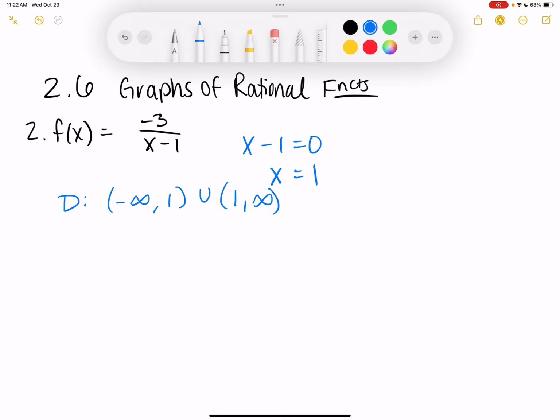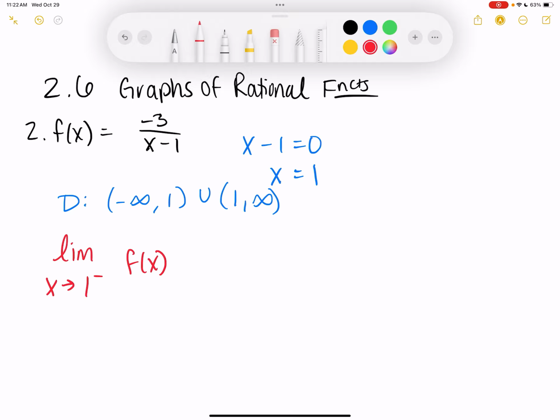Now it says to use limits to describe the behavior of f at x not in its domain. So what we're going to do is take the limit as x approaches 1 from the left. If I put a little negative sign up here, like where we would normally have an exponent, that means from the left of f of x.